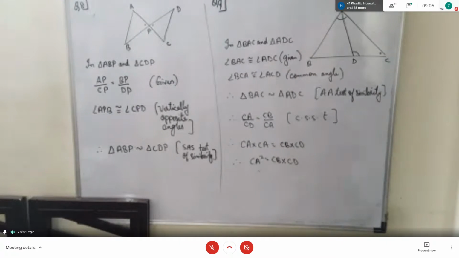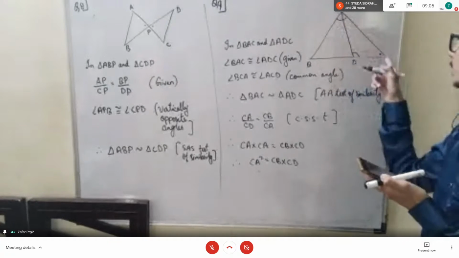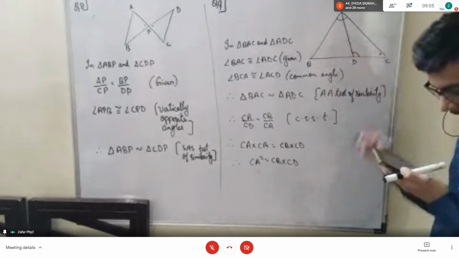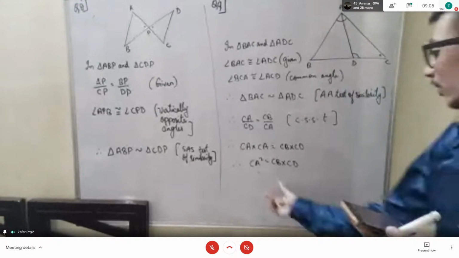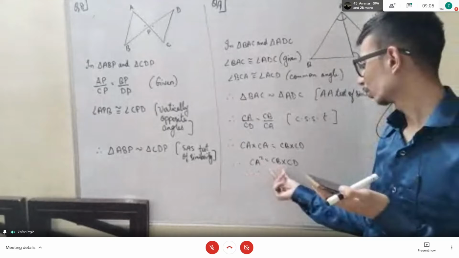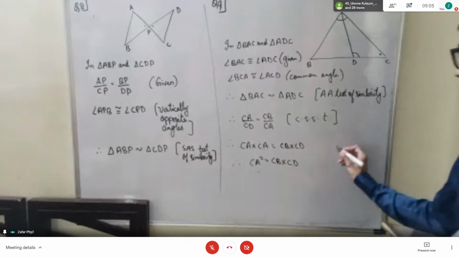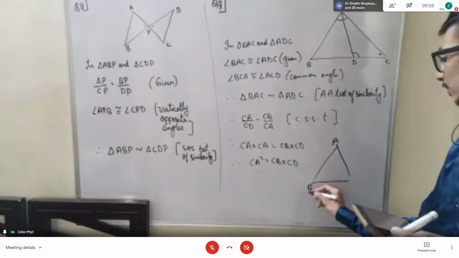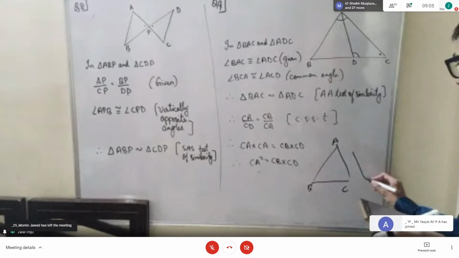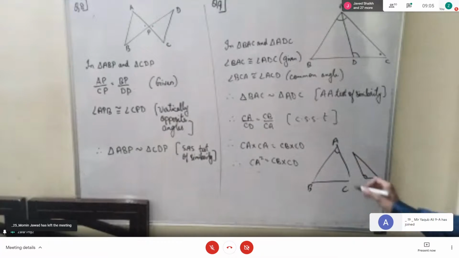In the adjoining figure, angle BAC is congruent to angle ADC. Okay, and we have to prove CA square equal to CB multiplied by CD. So just see here, I will make two triangles, ABC, and one triangle is like this, such that these two angles are equal.